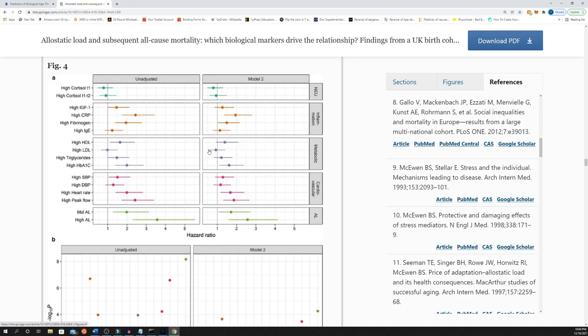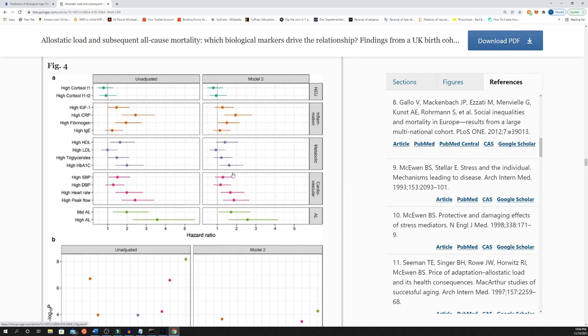LDL is often not significant, even with a large sample size. It had a hazard ratio of 0 in my analysis in a sample size of 5,000, so it wasn't significant, though. Same with triglycerides, non-significant. Interesting but not surprising, hemoglobin A1C is significantly associated with mortality.